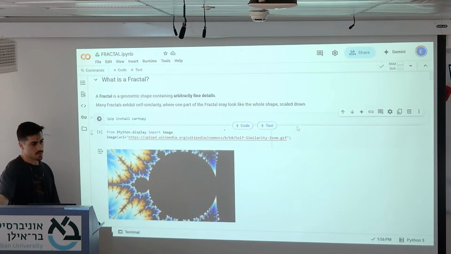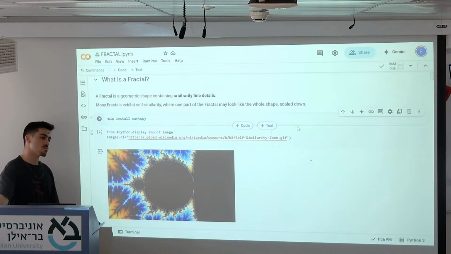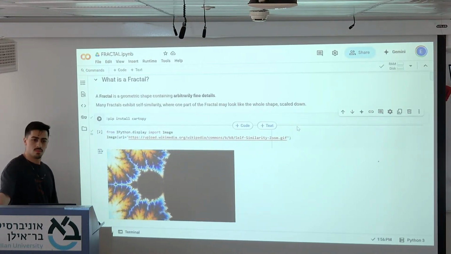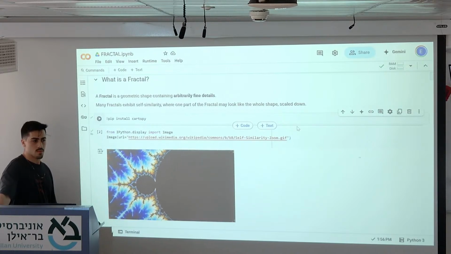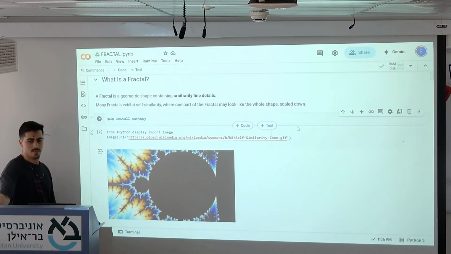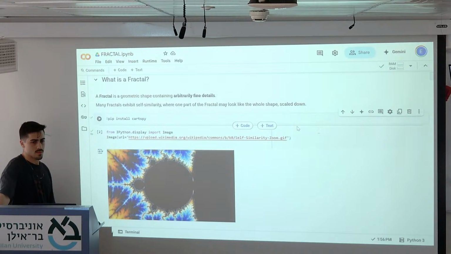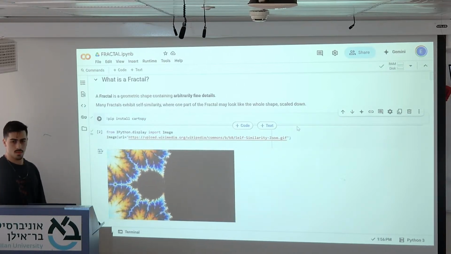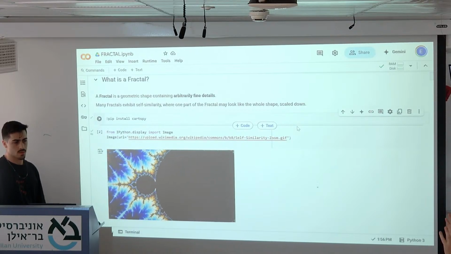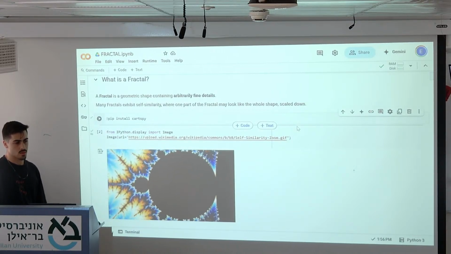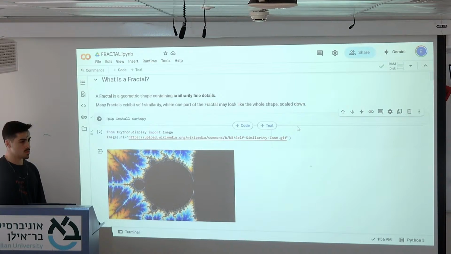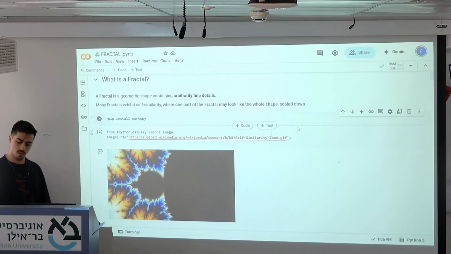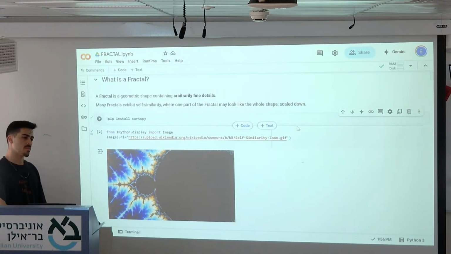So, about the definition of fractals, what did we learn? No matter how much you zoom in, it is self-similar, and you don't know where you are. But in general, about the definition of what a fractal is, Mandelbrot attempted, I think, three or four definitions, and everybody attacked him.